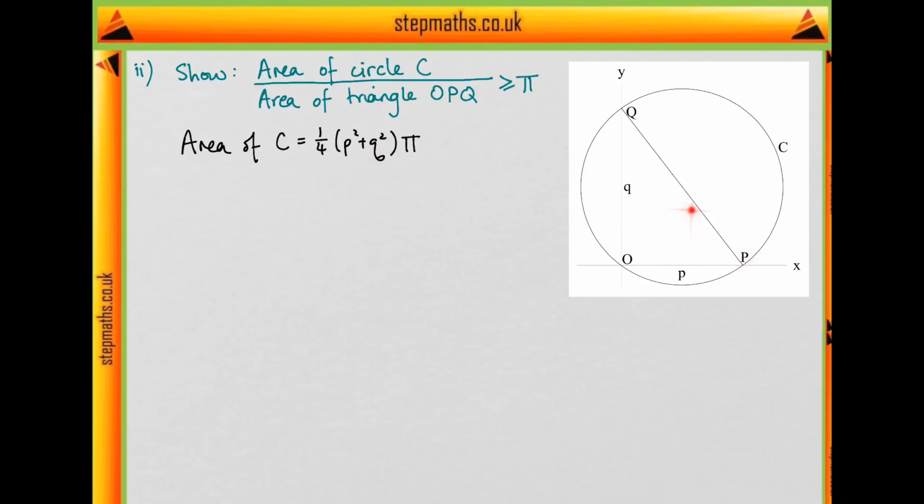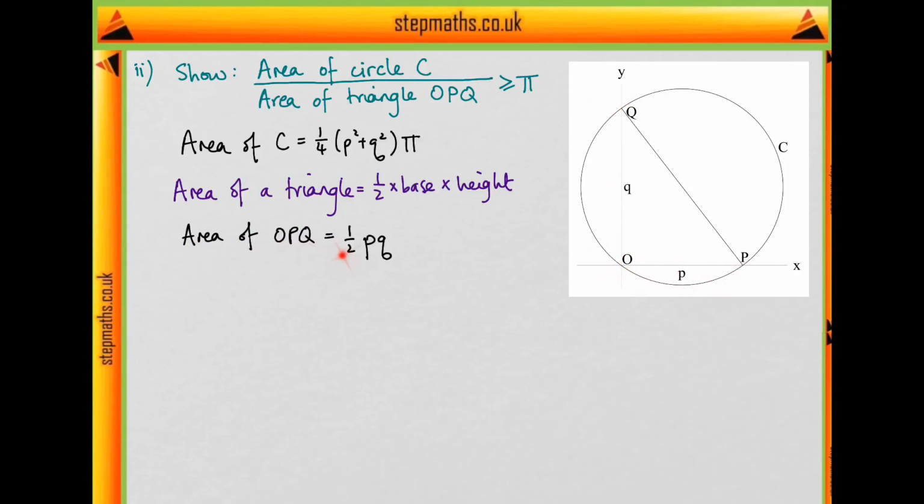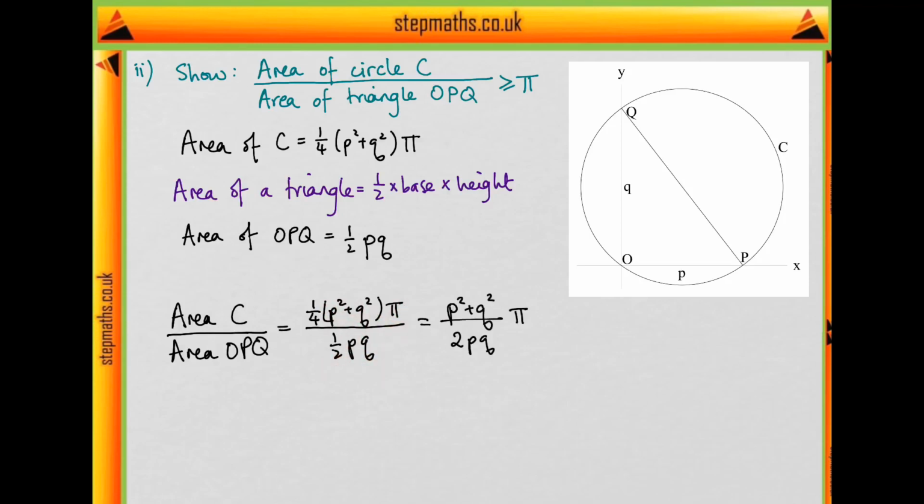For the area of the triangle, using the formula a half times base times height, the base is p and the height is q, so the area of the triangle OPQ is just a half times pq. So the ratio, the area of C over the area of OPQ, is a quarter (p² + q²) pi over half pq, which we can rewrite like this.